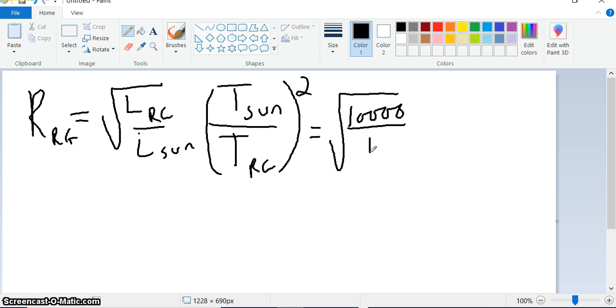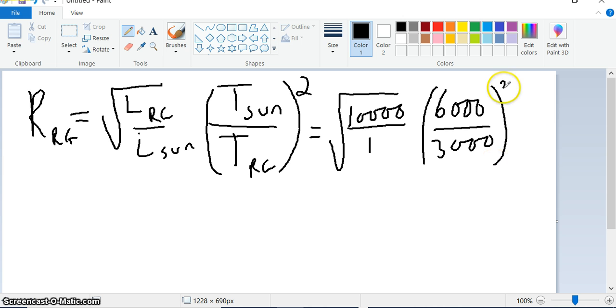Times the temperature of the sun, and in this case we're going to use 6,000. I know it's actually 5,800, but divided by 3,000, because they gave us the temperature of that red giant, and then we square that. This all is a number times the radius of the sun.